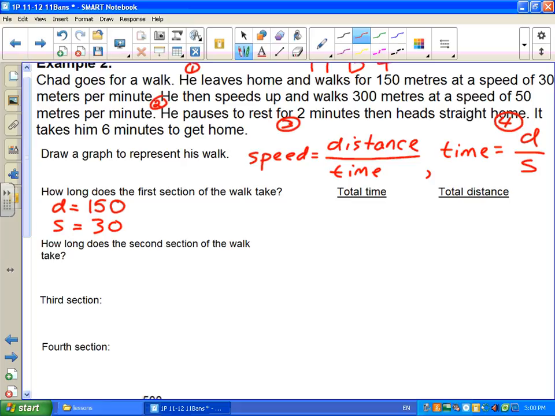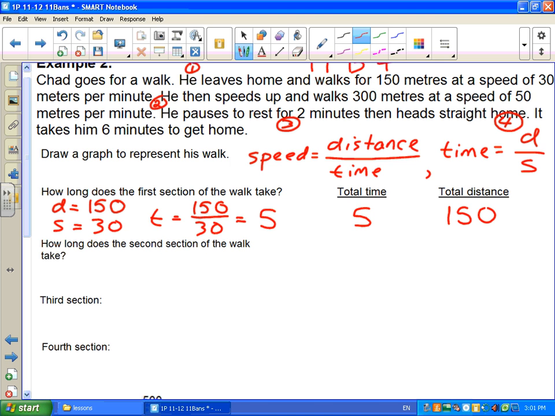We want to calculate time using distance divided by speed. So 150 divided by 30, punch this into our calculator, we get 5. So he's now been walking for 5 minutes, and he's traveled 150 meters from home.